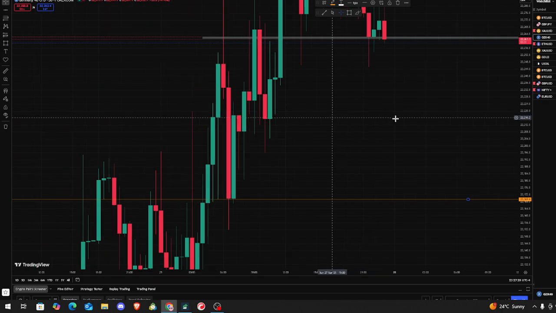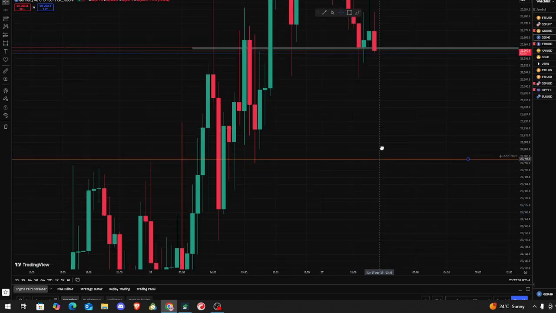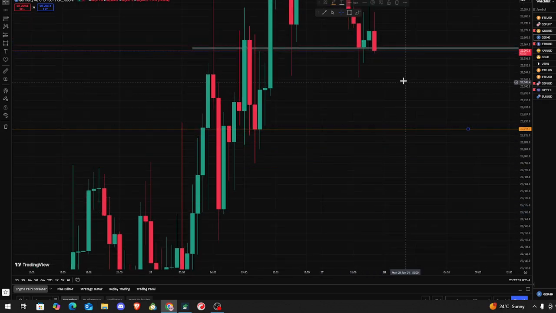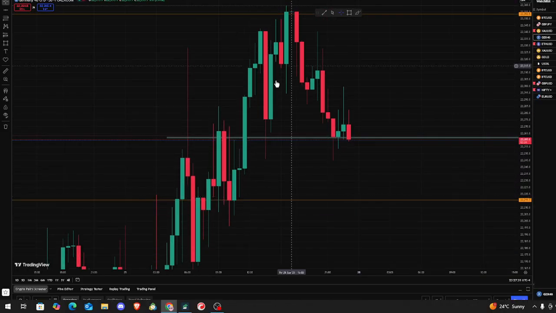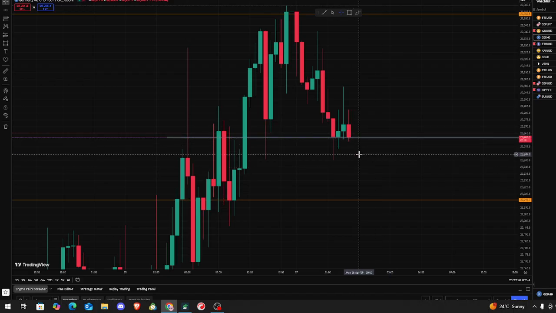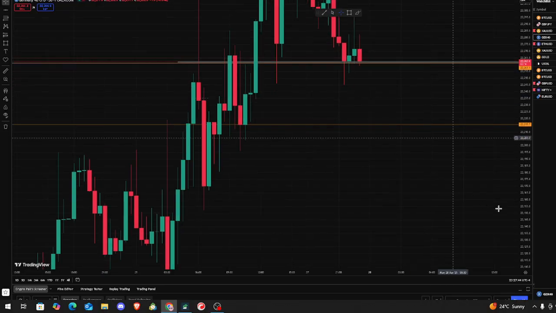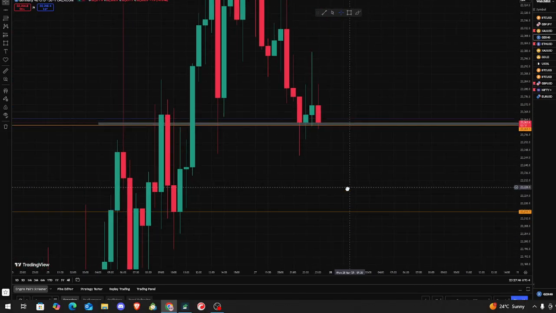Looking at the 30-minute, okay, we have range up until here. So because we are changing structures, we should break and close below this so that we could continue to push down. Okay, this is our analysis for DAX and gold.